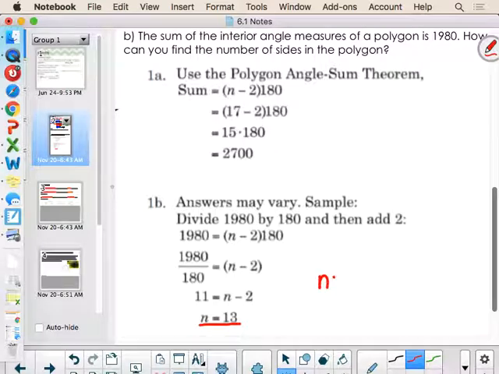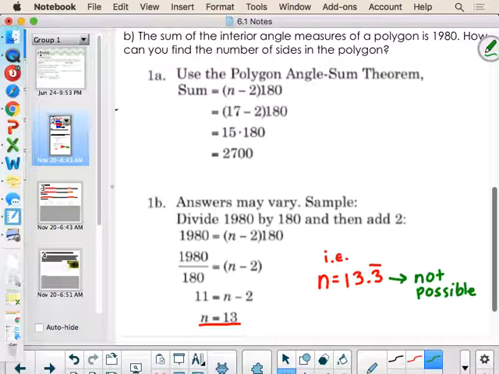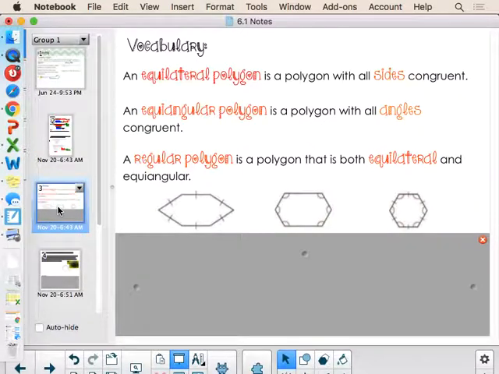Had my answer come out as, for example, 13.3 repeating, that would have shown me that I would not have had an integer number of sides, so this would not be possible, okay? So had I given you an angle measure that produced an n value that's not an integer, it's actually not a possible polygon. That's just a little side note, a little fact for you to know in your little memory bank. All right, so let's return to the world of equilateral and equiangular.